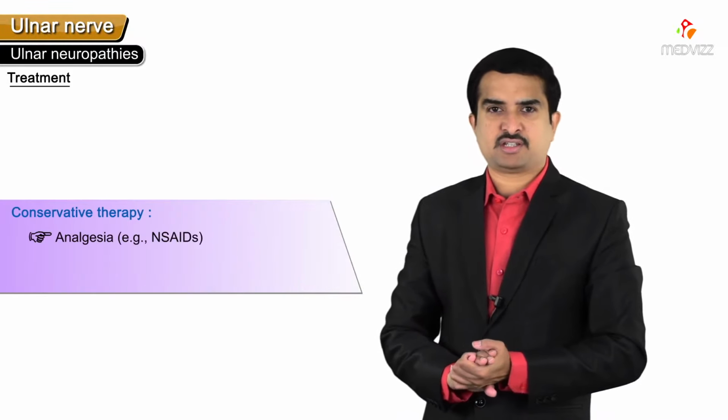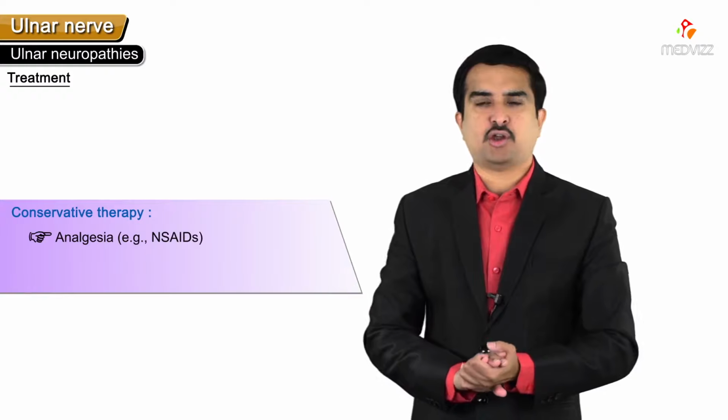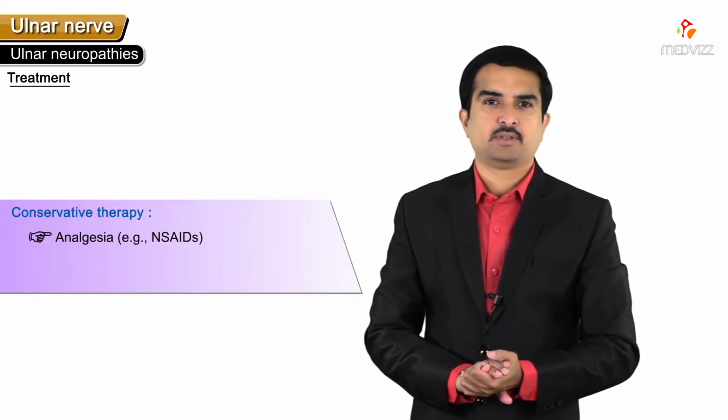Now let us talk about the treatment. Treatment can be divided under two headings: conservative therapy and surgical therapy. Conservative therapy can be given in very mild cases. For example, if there is pain, analgesics can be given in the form of non-steroidal anti-inflammatory drugs.